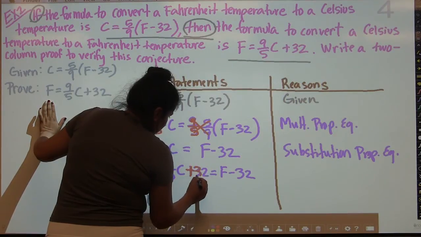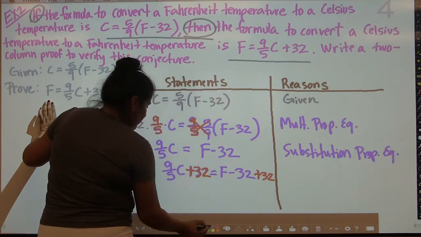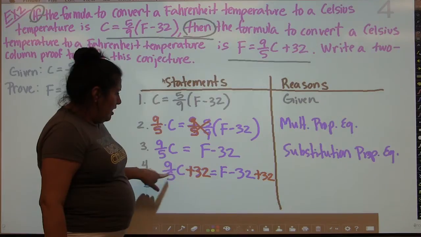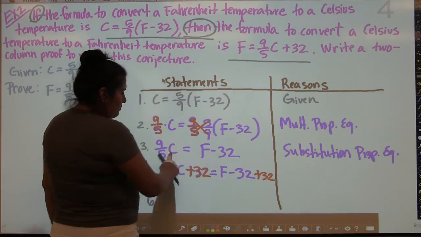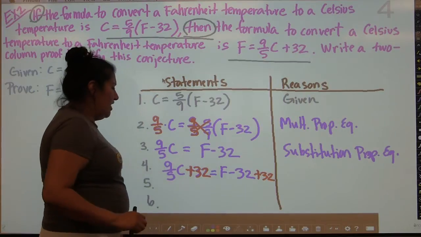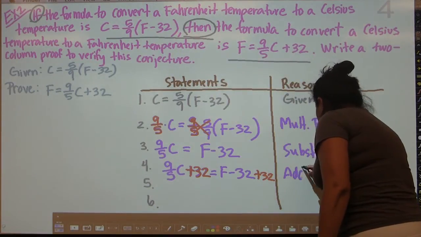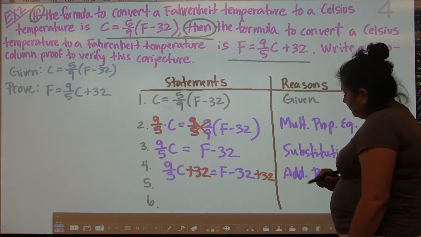Let's put that in a different color. So what I've done there is I've rewritten the 9/5 C. I've rewritten the F minus 32, that's all in the blue, and I'm adding 32 to both sides. And whenever I add the same amount to both sides, we call that addition property of equality.